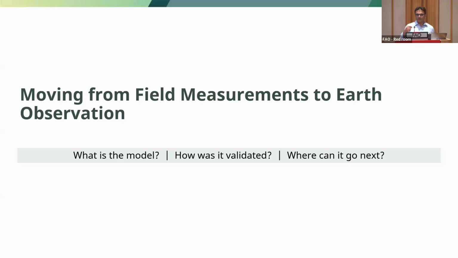We wanted to know if Earth observation can be used directly to estimate water consumption. And this we carried out through the evapotranspiration method. And I'll pass the presentation to Reeya, who will talk further about how we used Earth observation to carry out impact ET estimation.